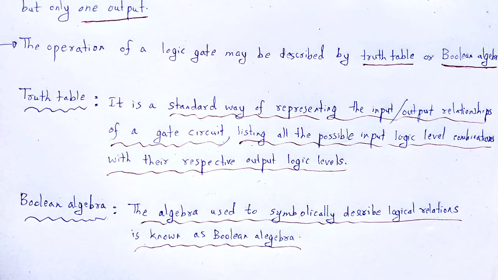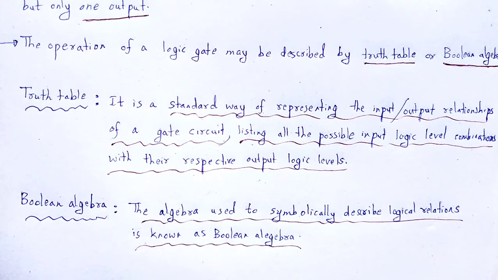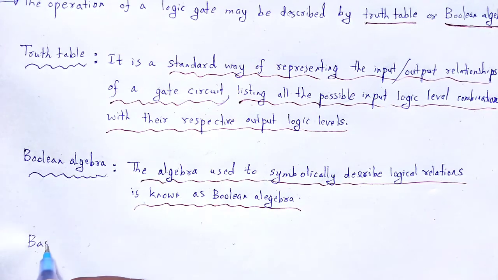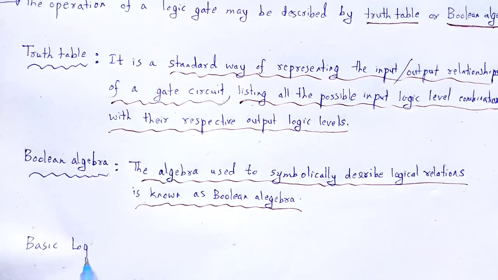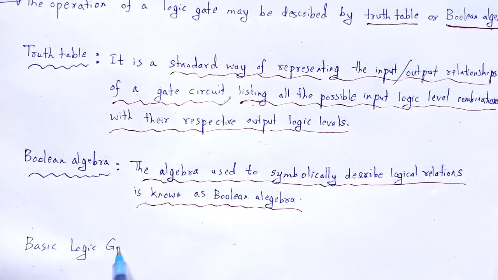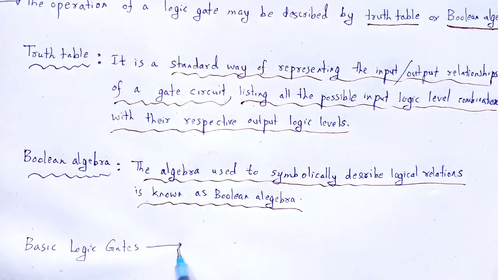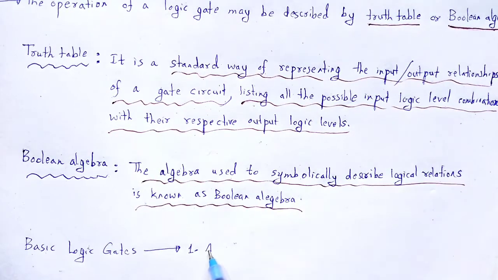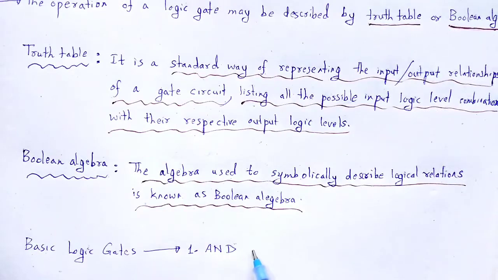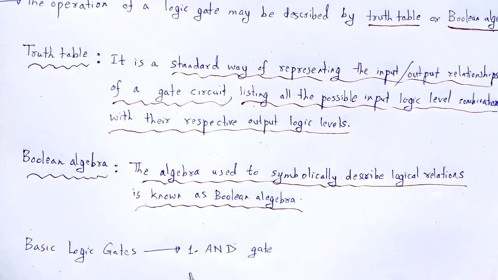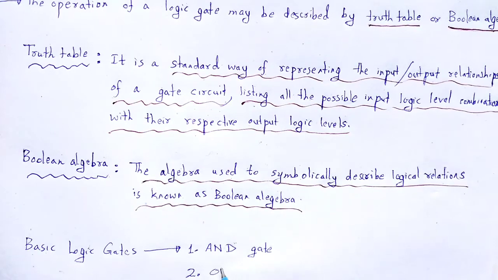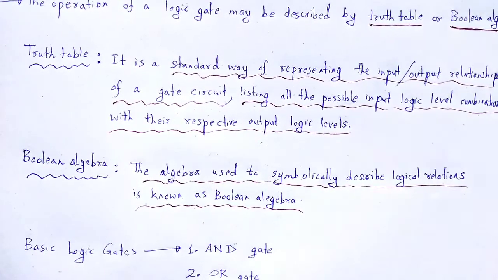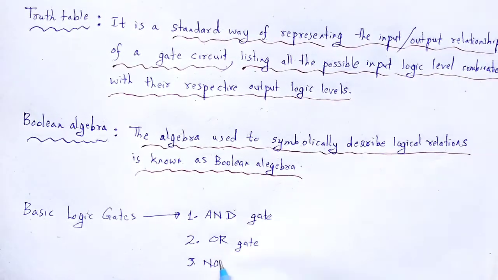So there are three basic logic gates: AND gate, OR gate, and NOT gate.